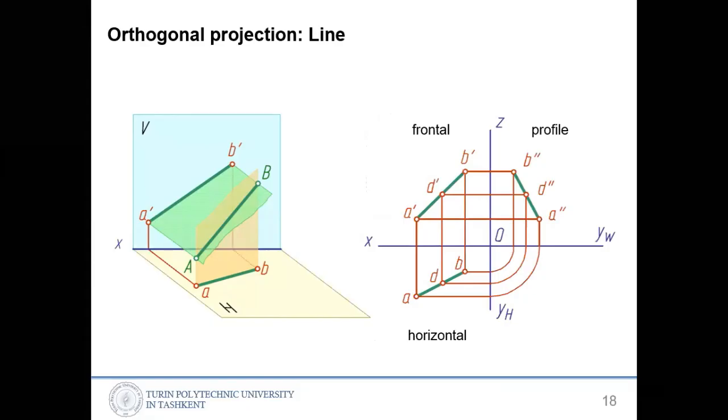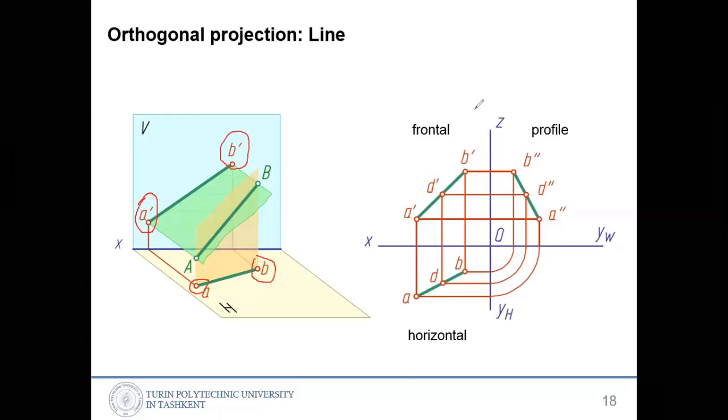Here in this slide, the line projection is shown. Line AB is given in the space. Point A projection is here, A dash in the V plane, and B dash here.